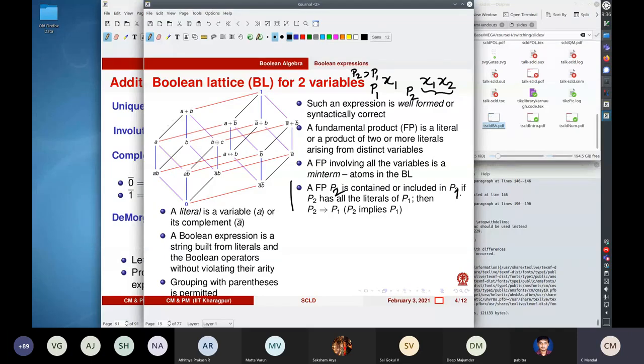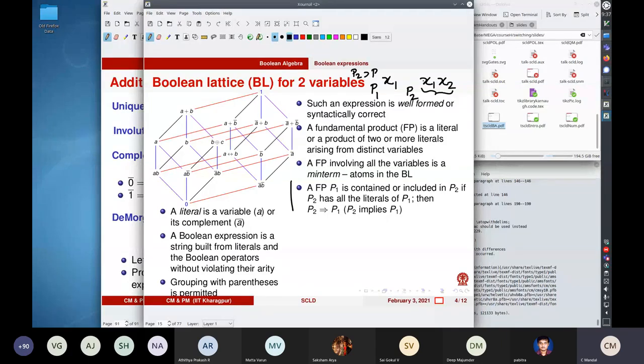P2 is contained in or included in P1 if, or rather, I would say that, one second. P1 is contained or included in P2 if P2 has all the literals of P1.